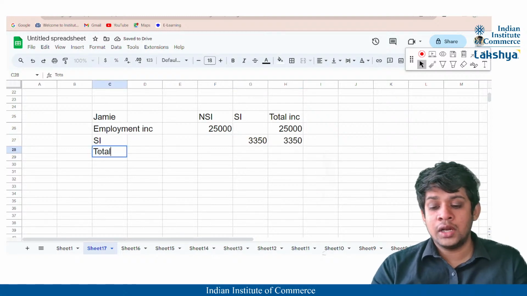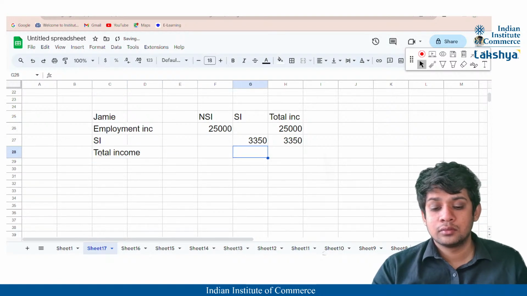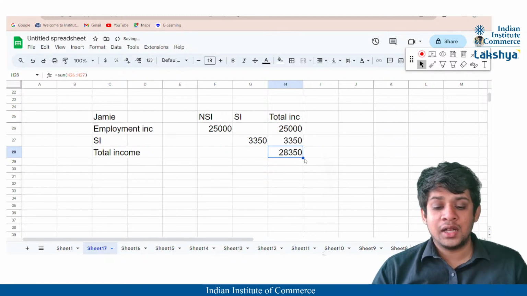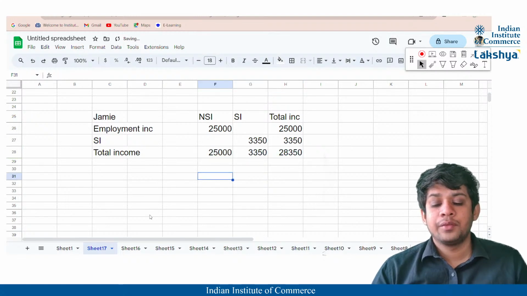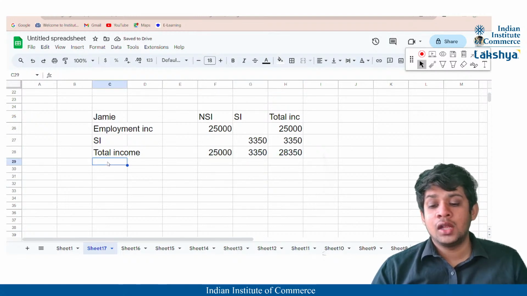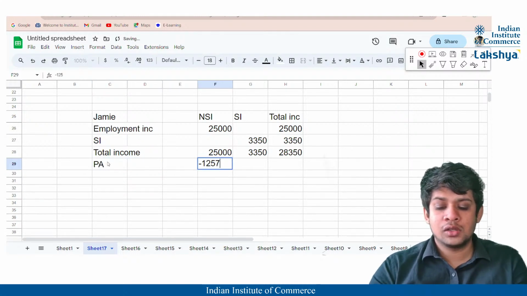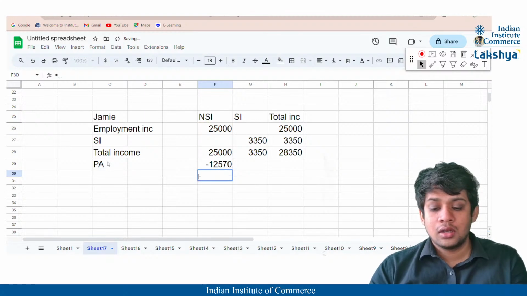So his total income is 28,350. Right? It is 28,350. Now firstly we will deduct the personal allowance, that is 12,570.